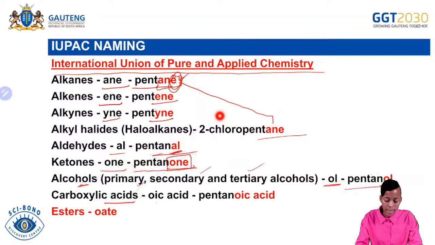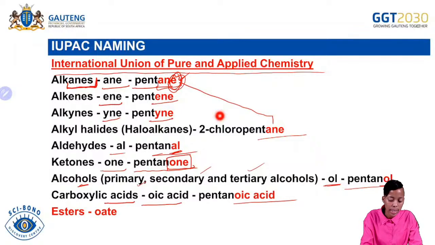Carboxylic acids, the name ending is oic acid. If it was an alkane, you just remove the e and replace it with oic acid. Again, some of the homologous series do give you a clue as to what the name ending will be.